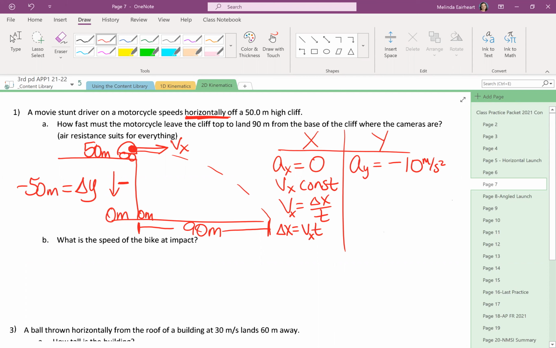What's always true on the vertical? We have gravity. What else is always true? The split second it comes off the cliff, it's moving in the horizontal, but there's no vertical advantage one way or the other. So what happens vertically?